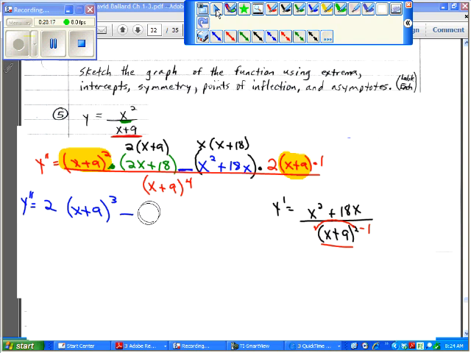I'm going to put the minus 2. Let me put that 2 out here. So minus this 2 over here, I'm going to grab that 2 of those x squared plus 18x's times an x plus 9. This might help us see, plus 1 over x plus 9 raised to the 4th. Okay.